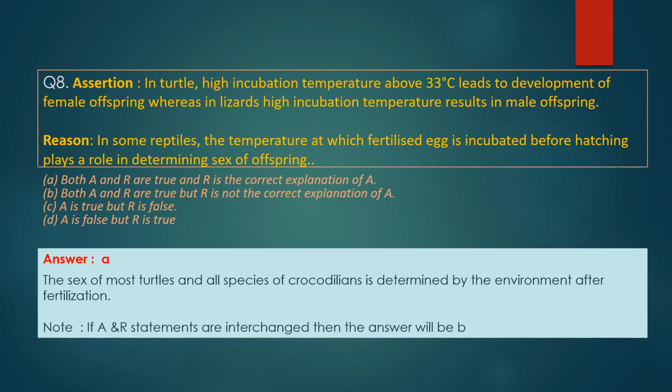Both A and R are true, and R is the correct explanation of A, because the sex in most turtles and many species of crocodiles is determined by the environment after fertilization. Note, however, that if the reason and the assertion statements get interchanged, then even though both statements are true, this statement will not become the reason for that statement, and hence at that time your answer will be B. So be very cautious of the order in which the assertion and the reasoning statements are given.